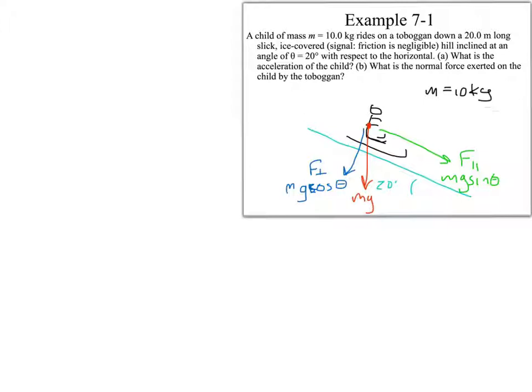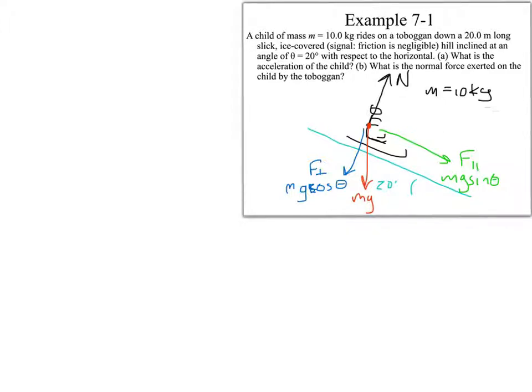We also have one other force that is acting on the child. Now, it's not friction because it's an icy slope, but we do have the normal force. The normal force is the supporting force that the toboggan applies to the child right here. We call that N. And normal literally means perpendicular.